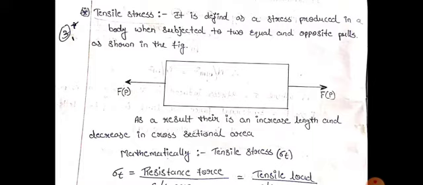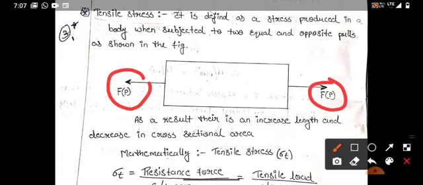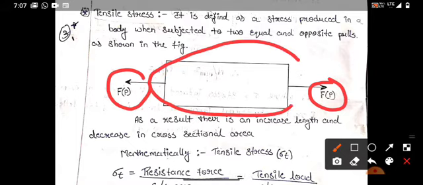Here you can see one external force is applied on this side, and another on this side. Both forces are applied to this rectangular block, and both are equal and opposite.